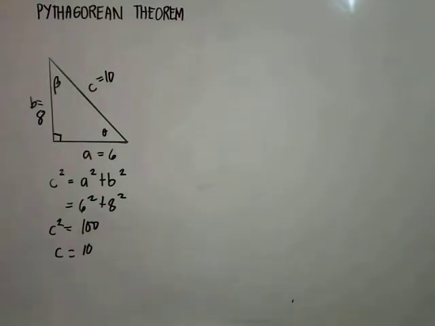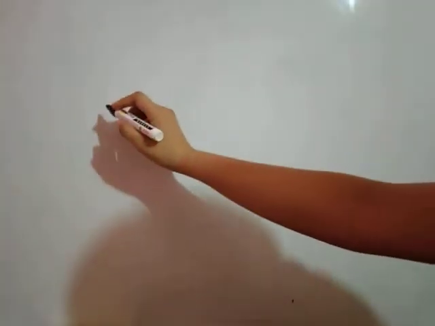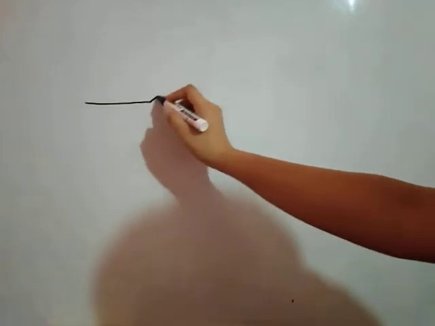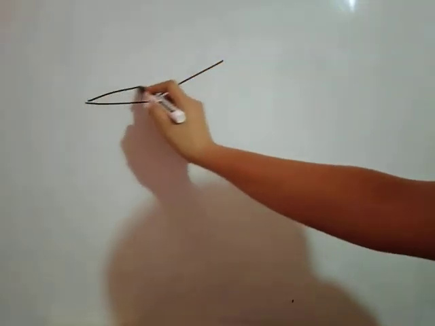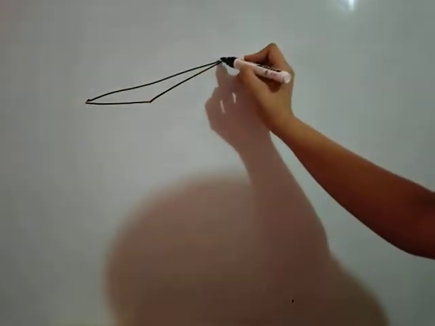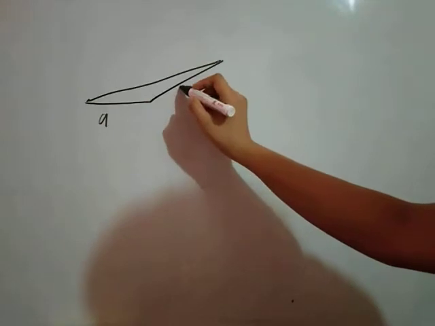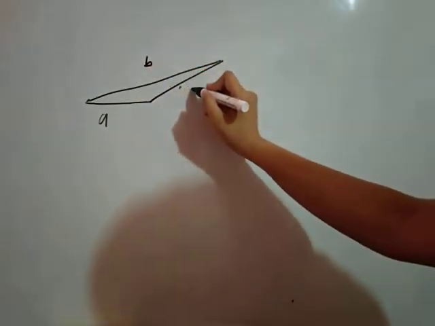So, erasin ko na to. So, let's say, meron ako ditong triangle. So, halimbawa, ito si A, then si B, and then C.